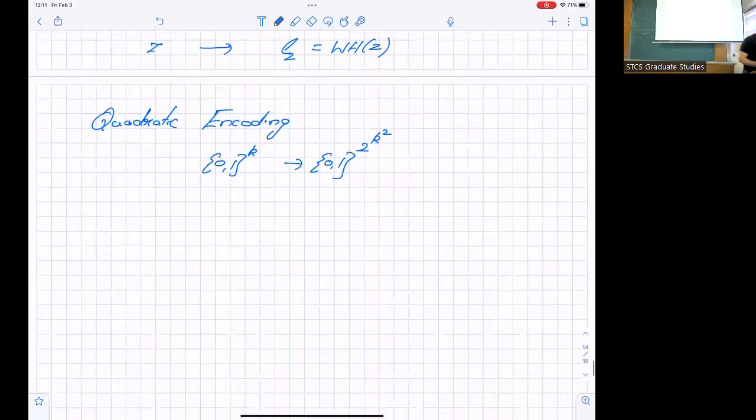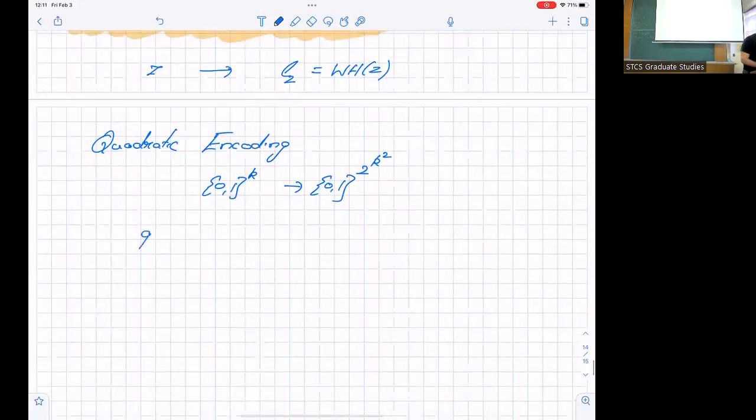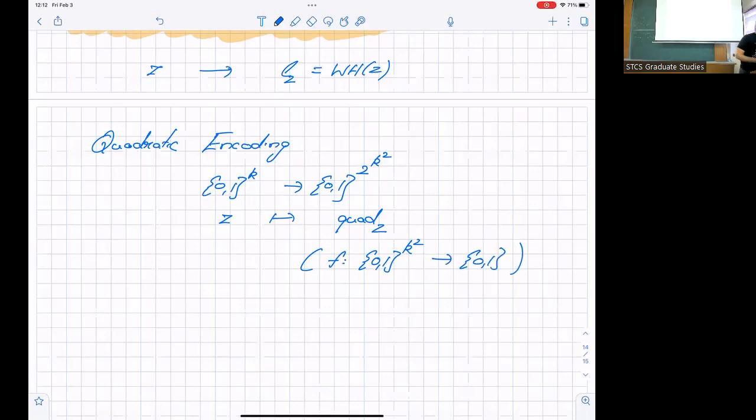What is quad Z? I'm going to map Z to a string which I call quad Z, just like previously I mapped L to LZ. Quad Z itself is a 2 to the power k squared long string. So I will view it as a function from 0,1 to the k squared to 0,1.